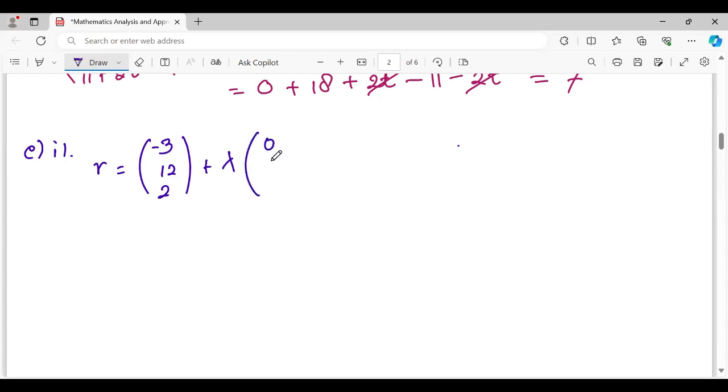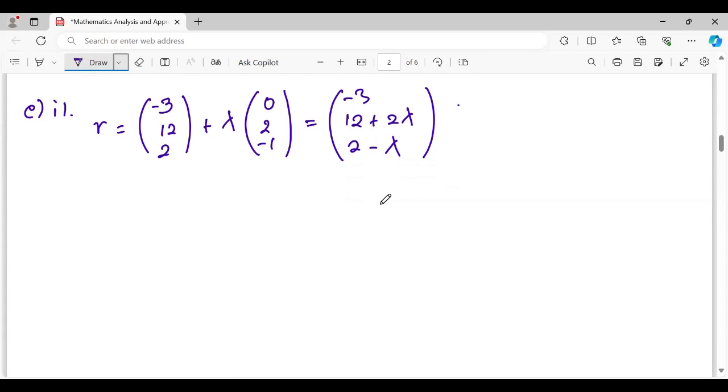So it is (-3 + 0, 12 + 2 lambda, 2 - lambda).